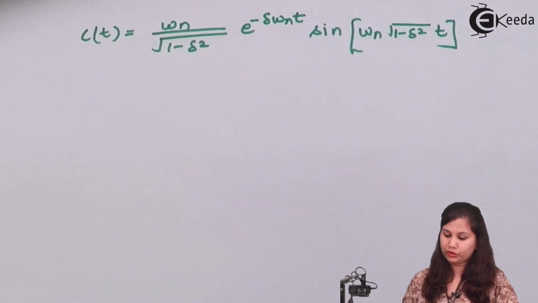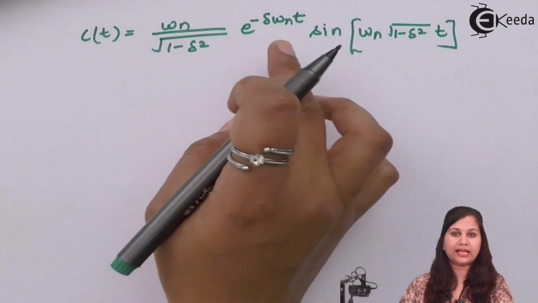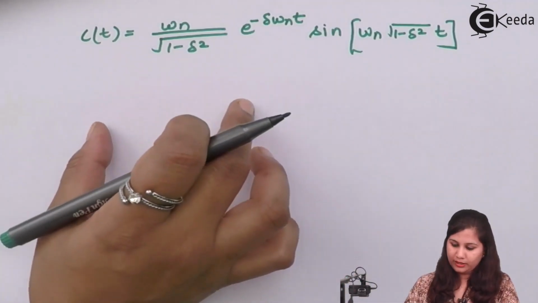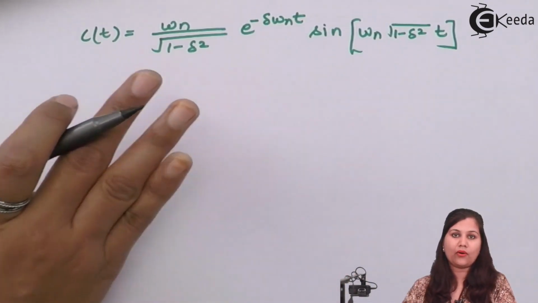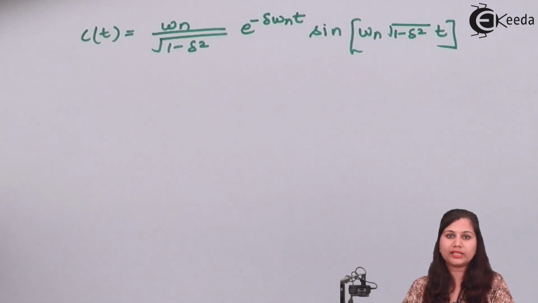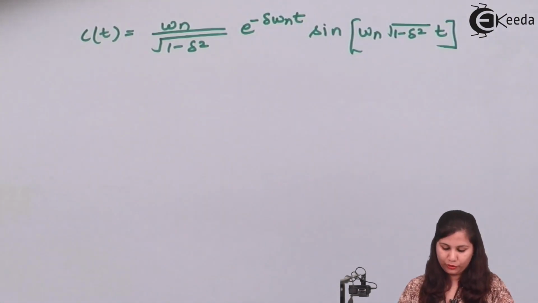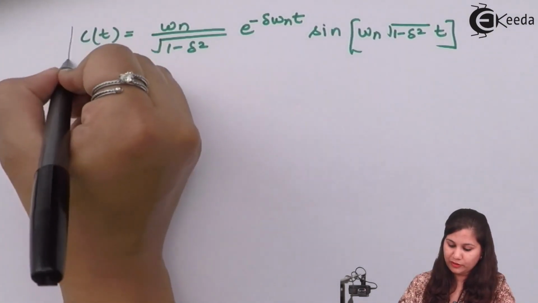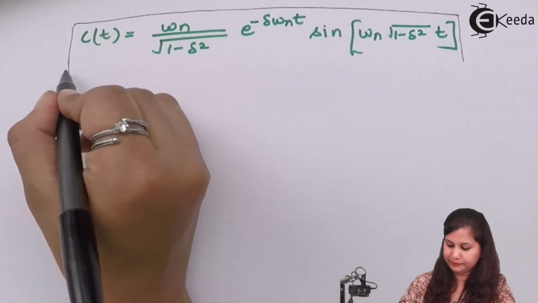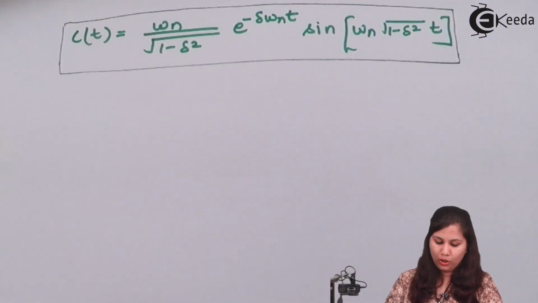Okay, so this is sine omega t and e raised to the power minus at. Now this is the time response of a second order control system when the input was a unit impulse function. So this is the final expression for the output response which we have obtained. So this is the output response equation.